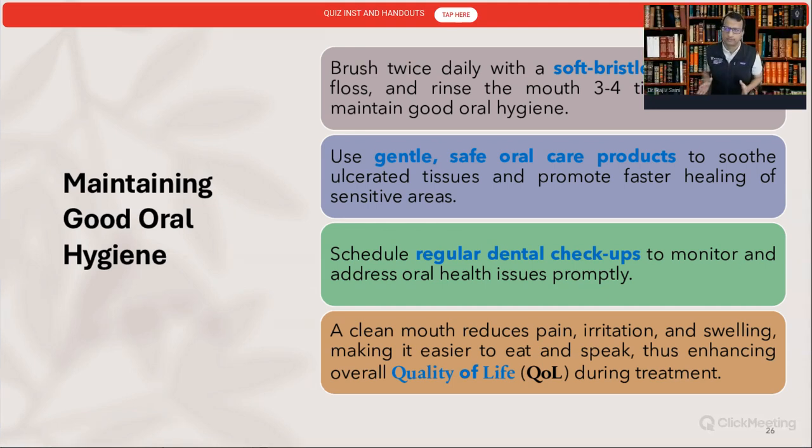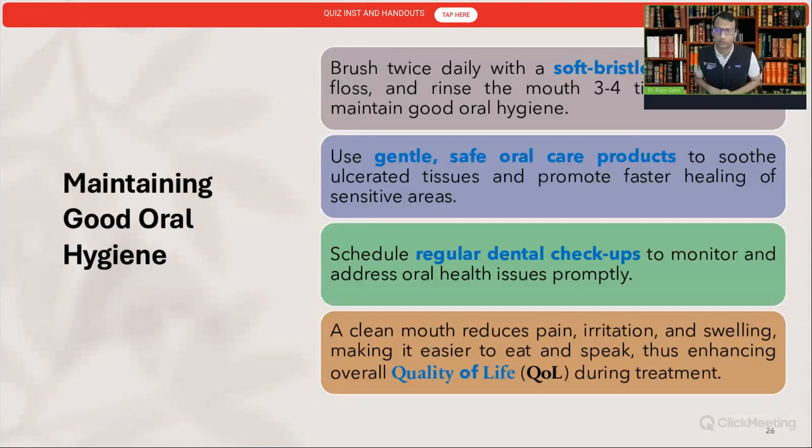The golden rule is, as always, maintaining good oral hygiene, brushing twice daily with a soft-bristle toothbrush. Definitely, we don't want to use any hard brush or strong bristles that can ulcerate, lacerate the ulcers, and cause bleeding.